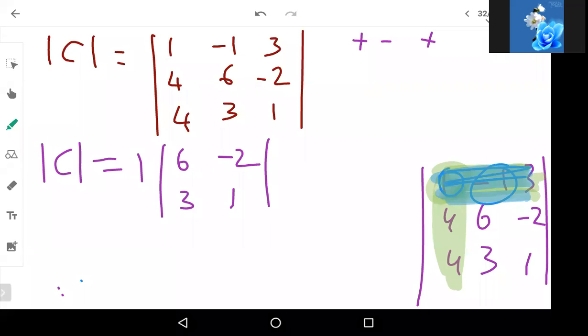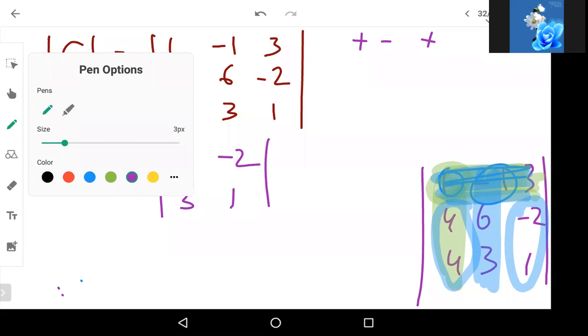Then since minus 1 is in the second column, I will not consider the second column. So when I don't consider second column, what is remaining with me? 4 and 4, minus 2 and minus 2 and 1. Okay, 4 and 4.